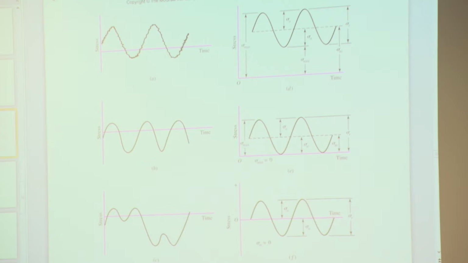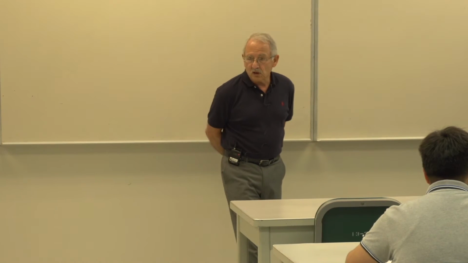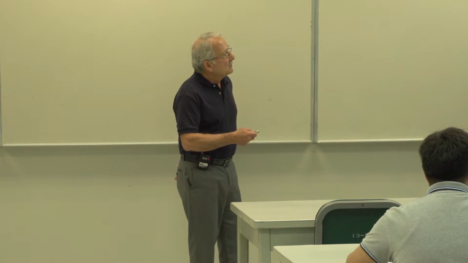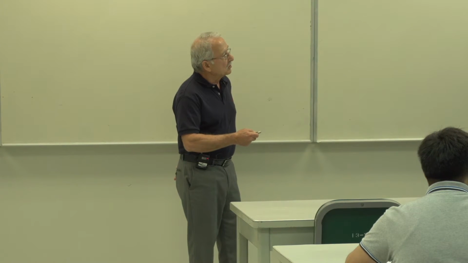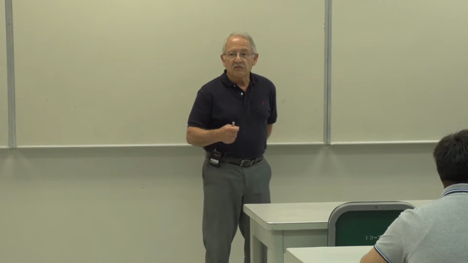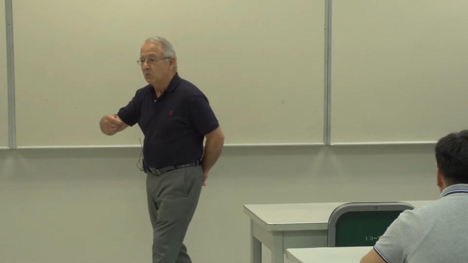Both values positive, and you never reach 0. So the minimum is some positive value of the stress. The maximum is another positive value of the stress with a higher magnitude. And a very, very common situation, a situation in which a load varies from 0 to a maximum.